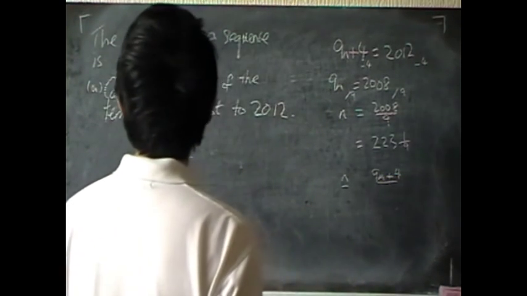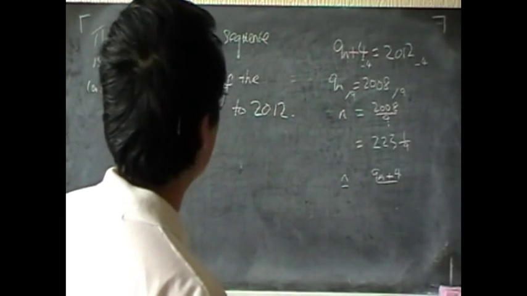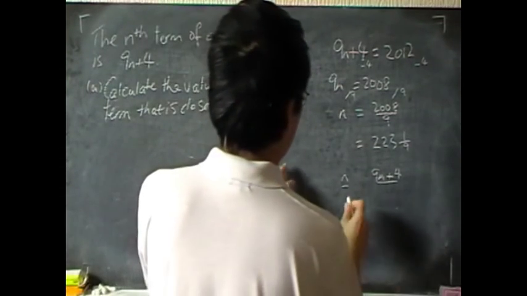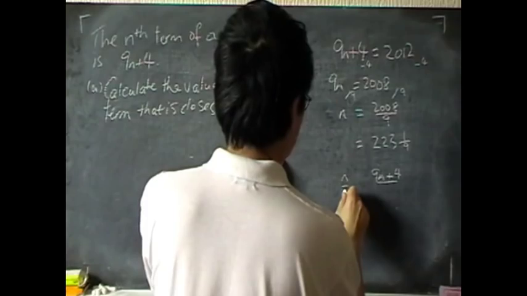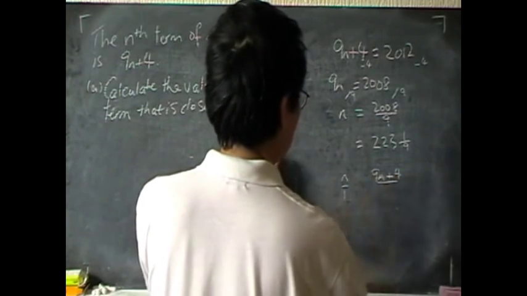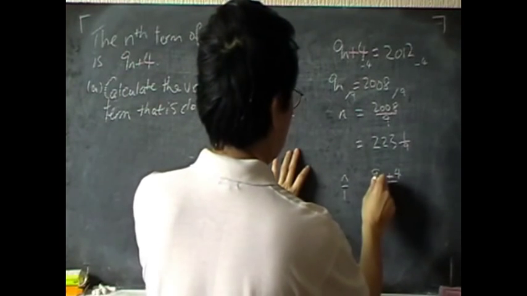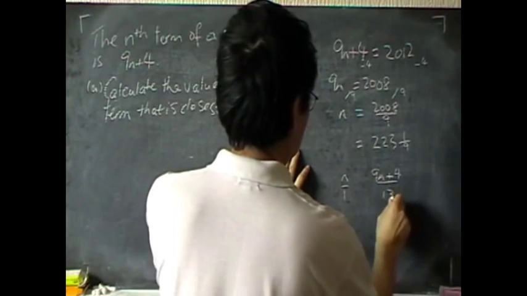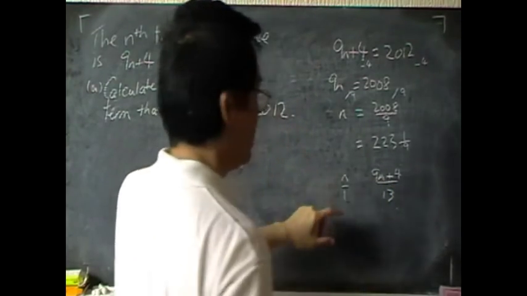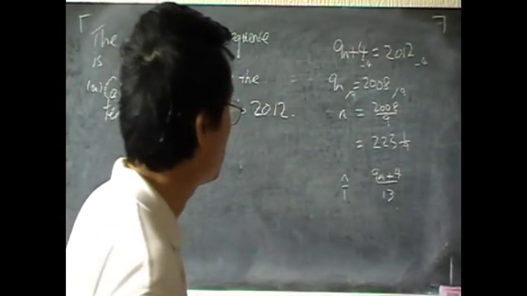For example, if n is 1, I would calculate this number as 9 times 1 plus 4, which is 13. And you can do that for n equal to 2, 3, 4, and so on.